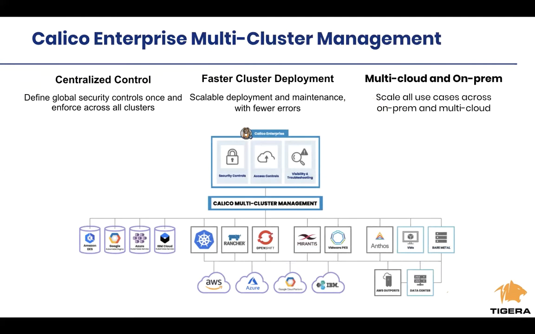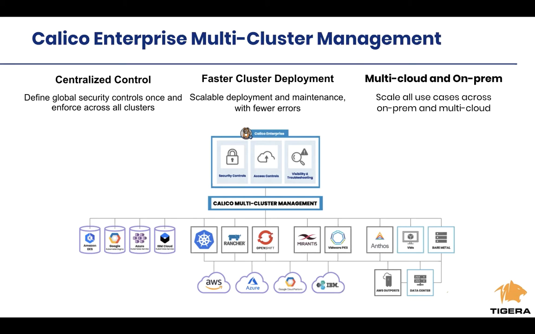So Calico Enterprise Multi-Cluster Management is hybrid and multi-cloud. What we allow you to do is create a Calico Enterprise Multi-Cluster Management cluster, and then manage and centralize the control and the visibility not only across groups of clusters in one particular environment, but across on-prem and across clouds, and across self-hosted or publicly managed clusters.